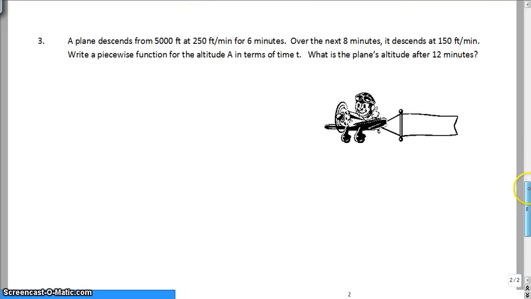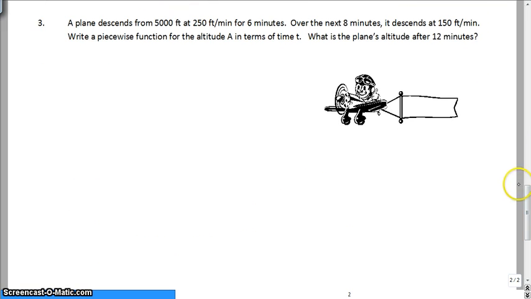Okay, so problem number 3, this is where we're going to have a lot of fun. This question actually takes quite a bit of work. So, a plane descends from 5,000 feet at 250 feet per minute for 6 minutes. So we're going to start by writing altitude is equal to, and then we're going to be working in terms of time.